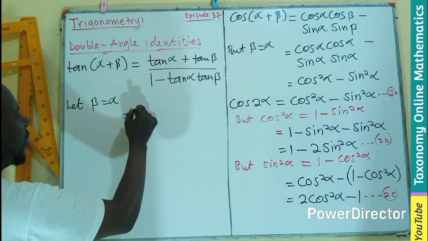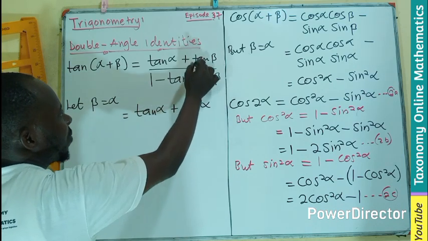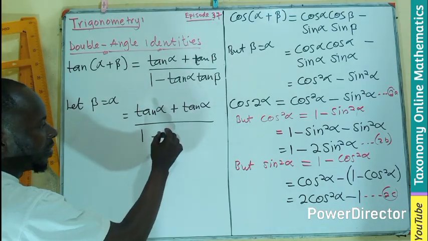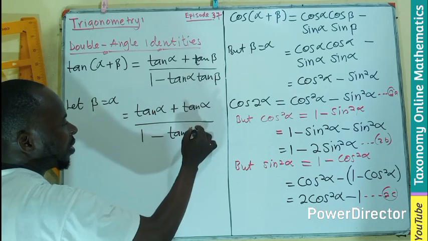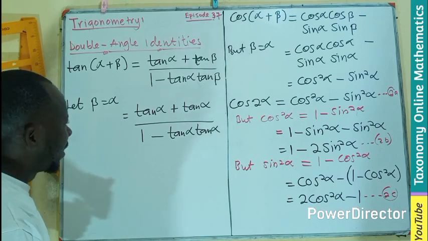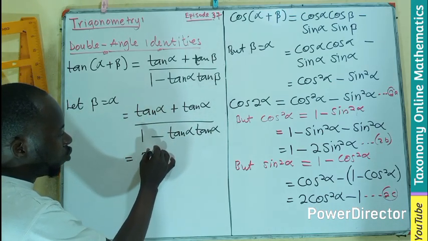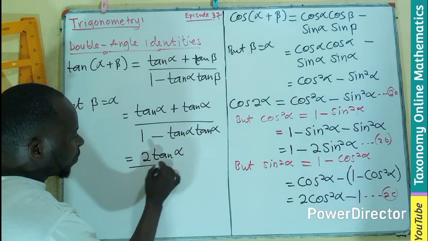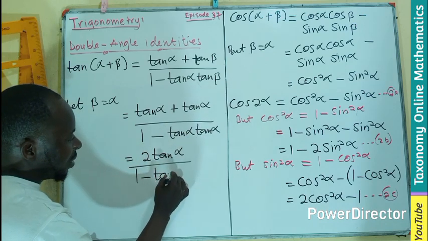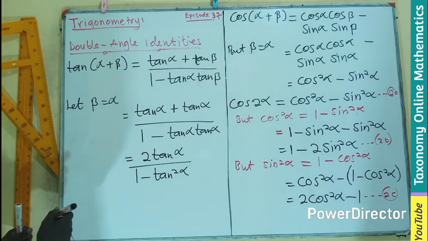So this becomes tan alpha plus tan alpha, divided by 1 minus tan alpha times tan alpha, which is tan square alpha. Two tan alpha adding gives 2 tan alpha.